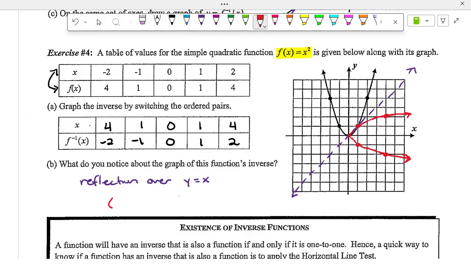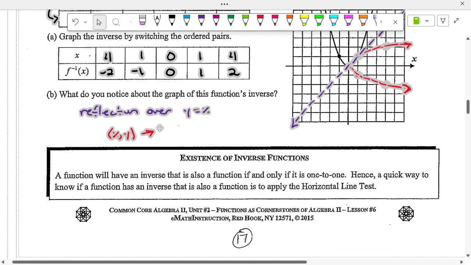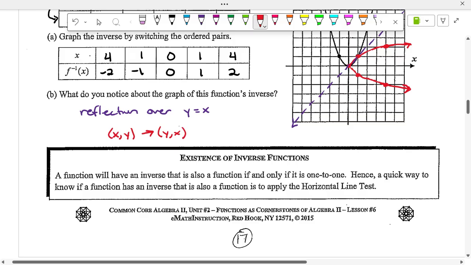Because, and this is just review, if I start with a point (x, y), the rule for reflecting over y equals x is: all you do is switch the x and y. So if you start with (x, y), you're plotting (y, x). Does that sound familiar? It does, because that's essentially what you're doing to get an inverse.